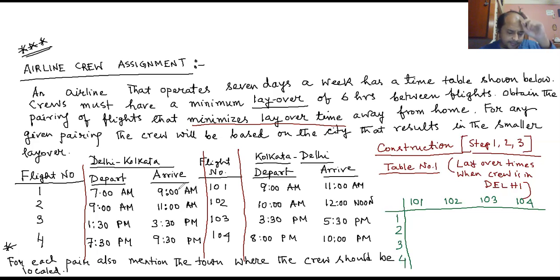I once visited Delhi by Indigo Airlines. So at 9 a.m. the flight arrived at Kolkata, and it departed from Kolkata at 9 a.m.